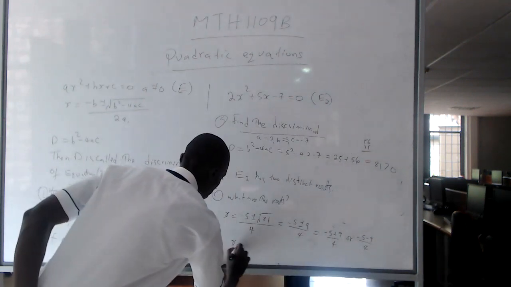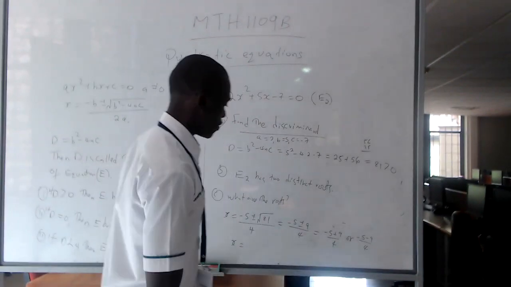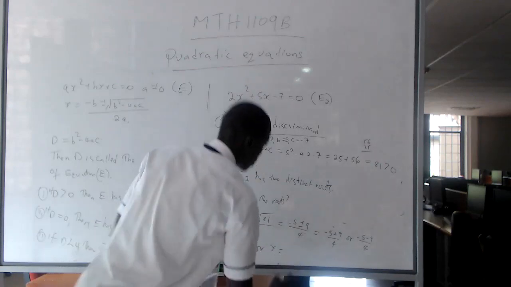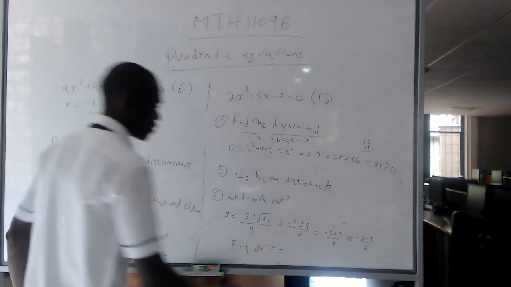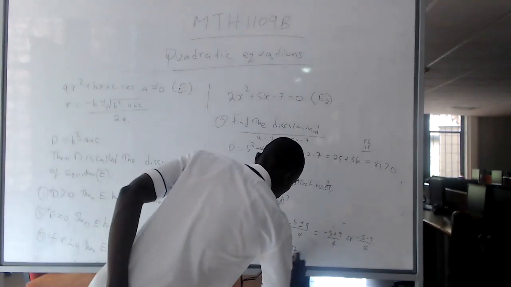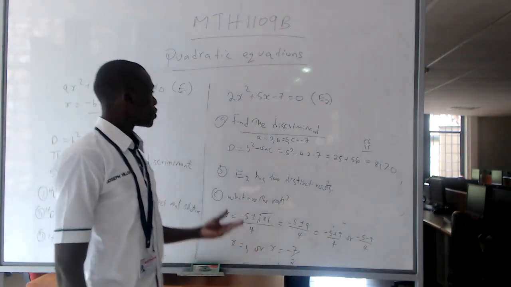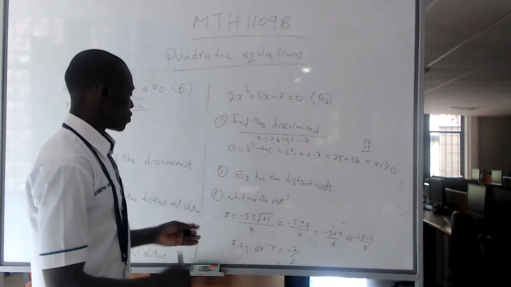So either x is minus 5 plus 9, which is 4, divided by 4, that's 1. Or x is minus 5 minus 9, that's minus 14 divided by 4, that is minus 7 halves. So these are the two distinct roots of the equation 2x squared plus 5x minus 7 is equal to 0.